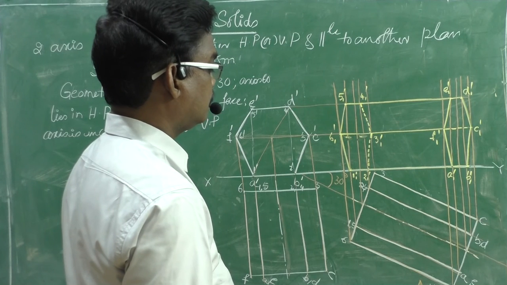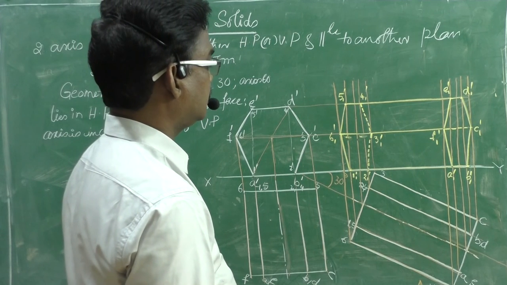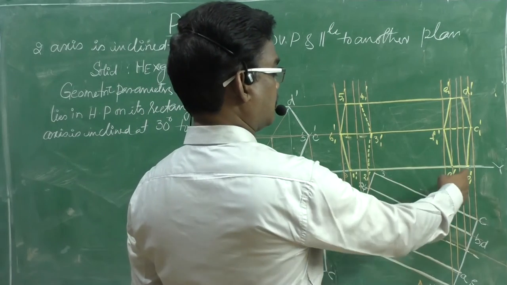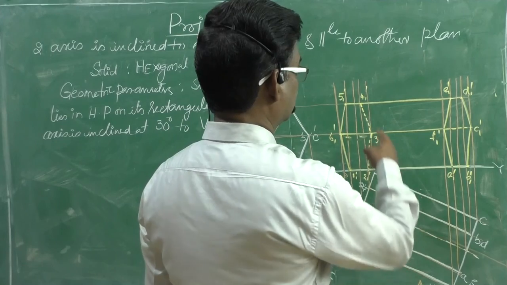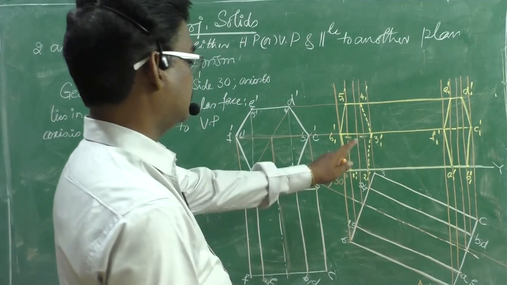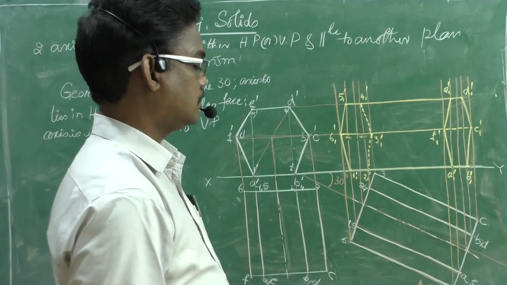Is there any 4D invisible and 2B invisible? Where is 2B? This is 2B, but due to overlapping it is continuous. 4D, due to overlapping it is continuous, right. This is the required front view and this is required top view.